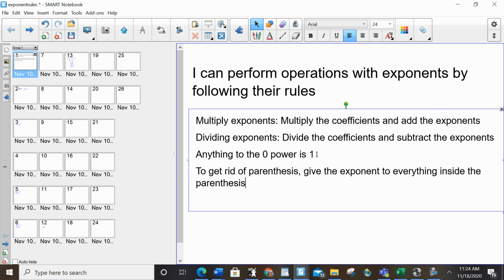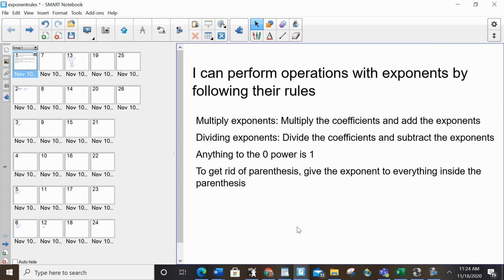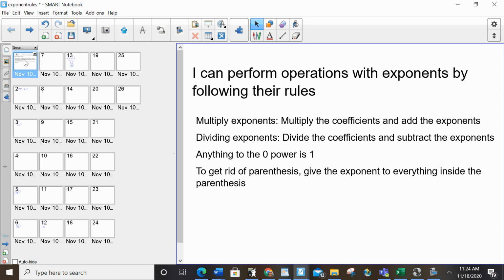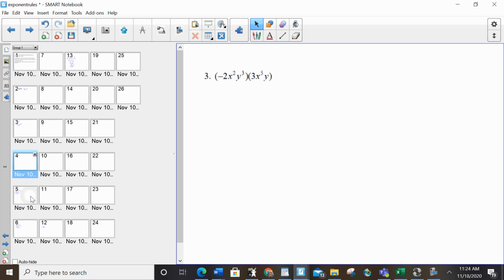It's kind of like distribution, except it's not multiplication, it's not a plus and a minus. We're going to give it to everything inside. Now, I just realized, I feel like I skipped something here. I never did a power to a power. So let's talk about a power to a power. I guess we'll do that within this.